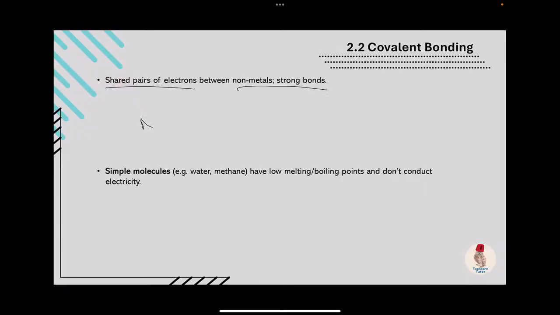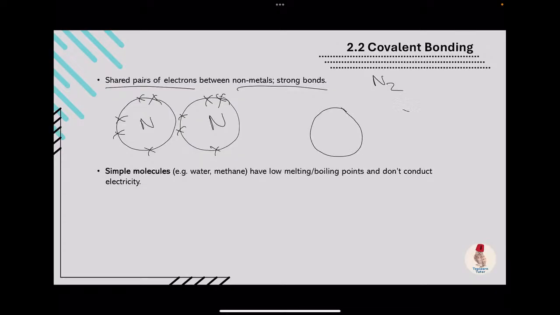So let's say you have nitrogen. Nitrogen has 5 electrons in its outer shell, like this. And we have another nitrogen. Now the other nitrogen also has 5 in its outer shell. So now, as we know, nitrogen is diatomic. It exists as N2. Now the reason it does this is it is covalently bonded.